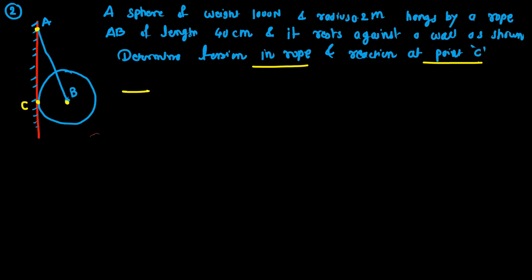so for this, your first step will be you should draw the free body diagram. So in the free body diagram, just isolate this sphere from its surrounding. Okay. So the sphere is in contact with this vertical wall and it is supported with the cable AB, which is connected at the center point. Okay. So here I will just draw the sphere.